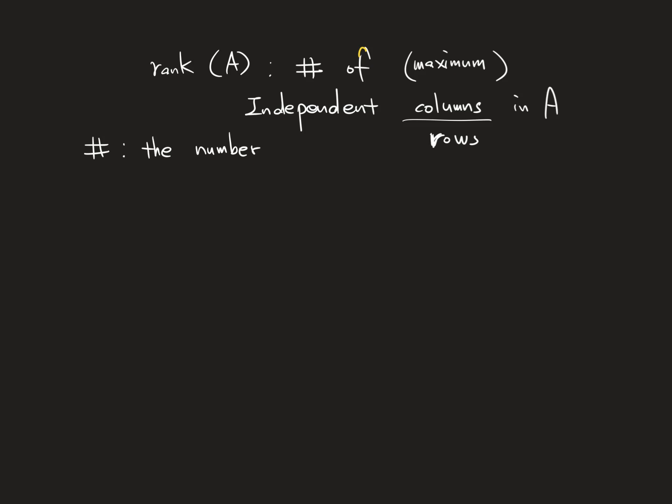For example, what is the rank of the identity matrix, 1 0 0, 0 1 0, 0 0 1? Because the identity matrix has 3 independent columns, the rank is 3.